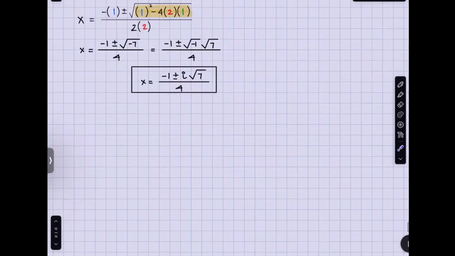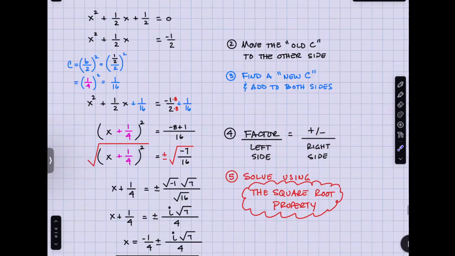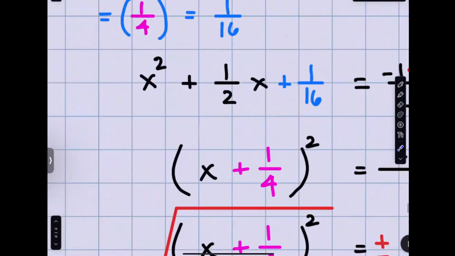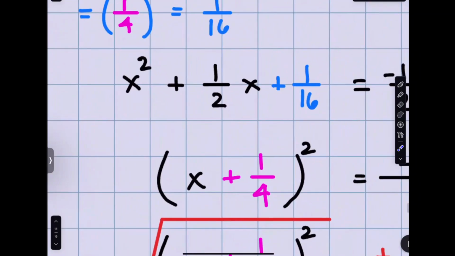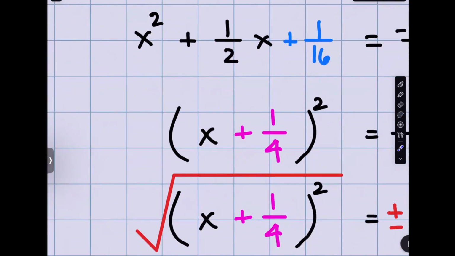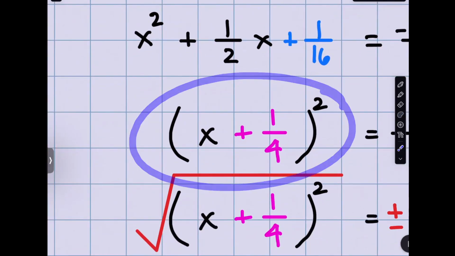So question 4, all it's asking for is this. Remember how we had that? When we had that, what did we have to find? A new C. So question 4 is asking for you to find that, and then what the factoring will be.